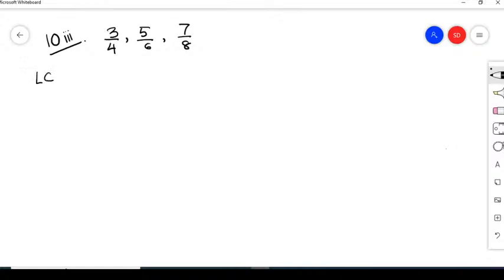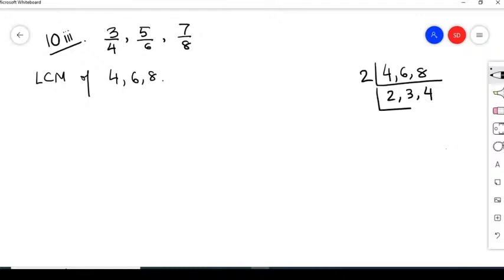First we are going to find the LCM of all the denominators, 4, 6 and 8. So let us do it over here. Do the rough column neatly so that your working is seen by the examiner. Don't do the rough column in an untidy manner.